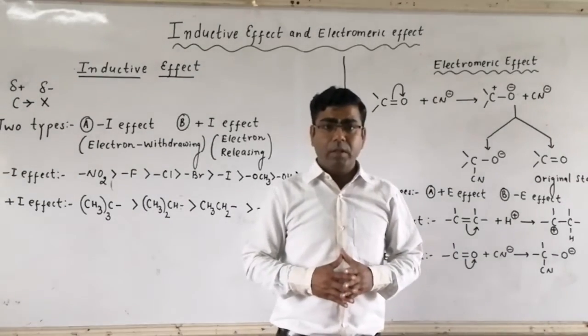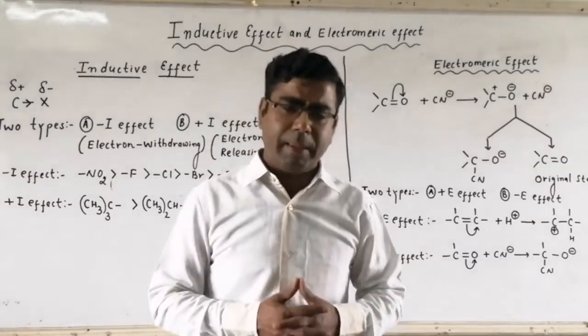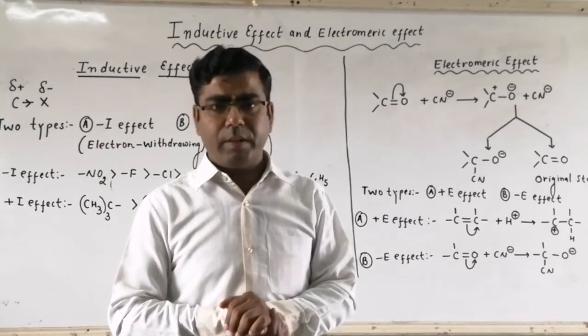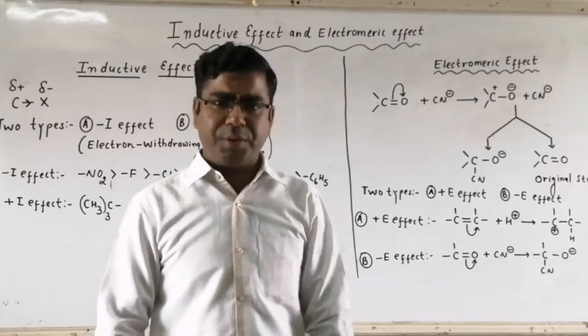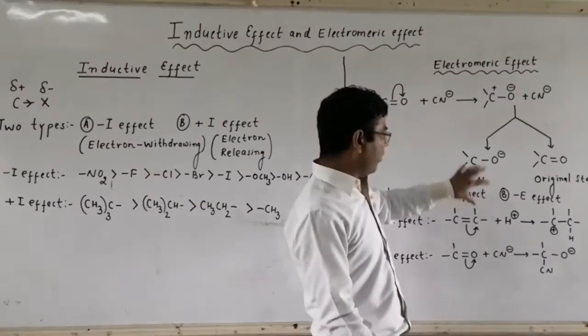Now, after the development of plus and minus over carbon and oxygen, two conditions are possible. Condition first, CN minus ion may attack over the carbon atom. As a result, we will get the product.